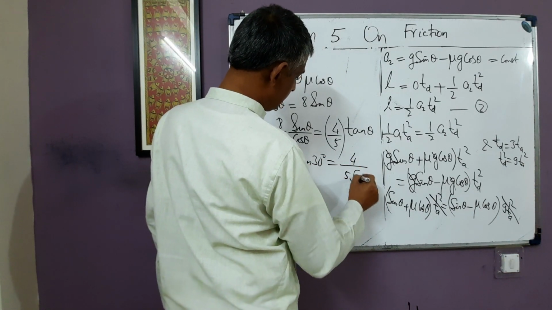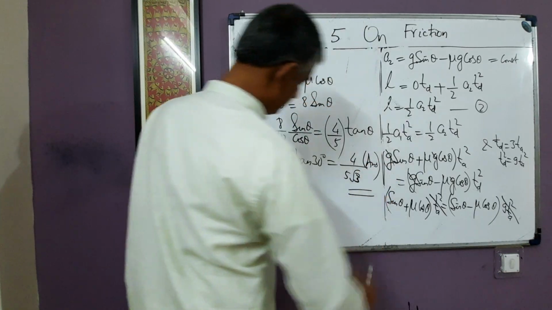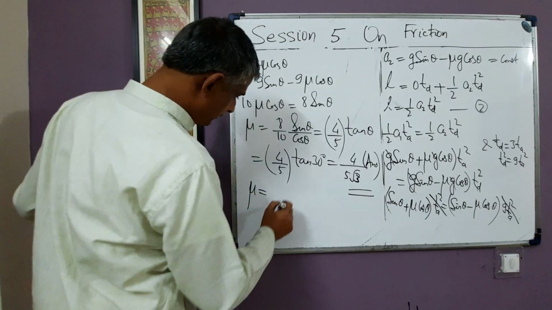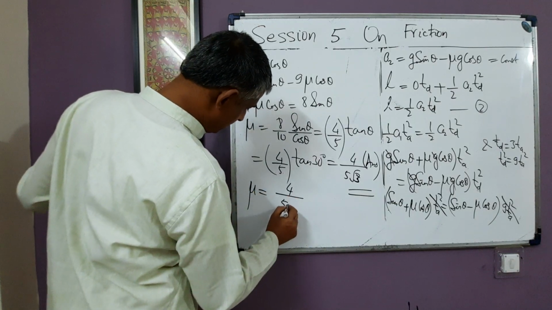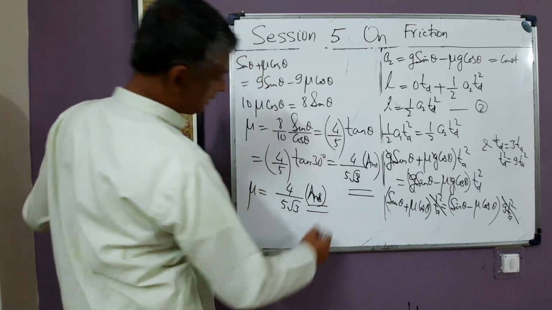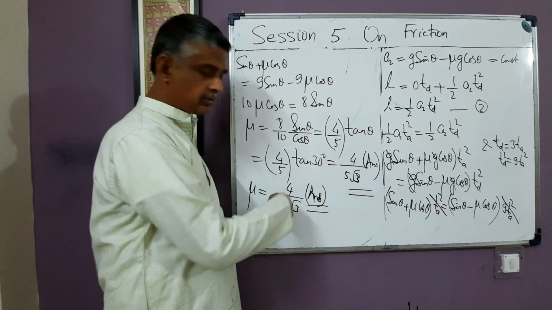So 4 by 5 root 3 is the required answer. The friction coefficient mu between the block and the inclined plane has a magnitude of 4 by 5 root 3. I've written the answer two times just for clarity.